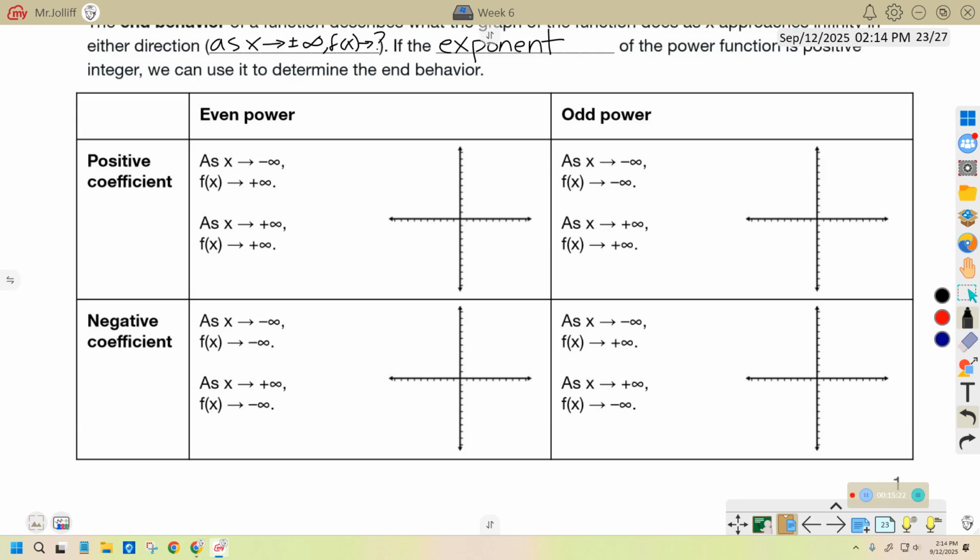We know it does this if its coefficient is positive, and it does this if its coefficient is negative, right? Happy face or frowny face. And that's true for any even powered power function. Anytime that exponent is even, if the coefficient's positive, both ends will do this. If the coefficient's negative, both ends will do this.